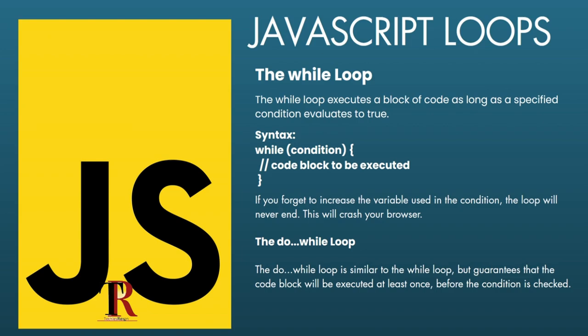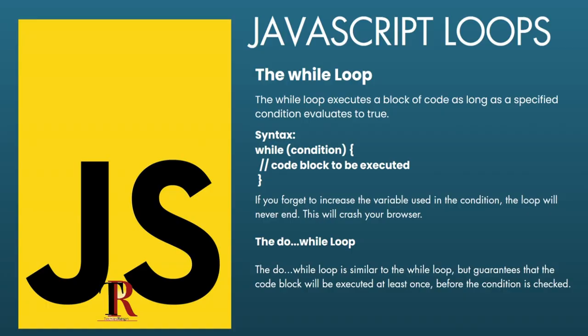So the do while loop, if you look at the name, sounds like the while loop, other than the do that is present before the while. The difference between the two is that the while loop will execute a block of code as long as a specified condition evaluates to true. If the condition does not evaluate to true, it will not even run at all.